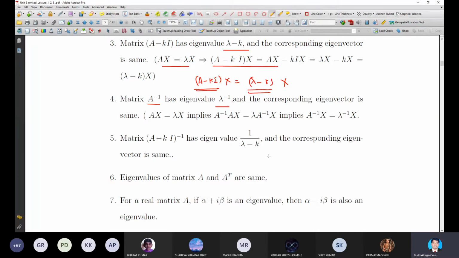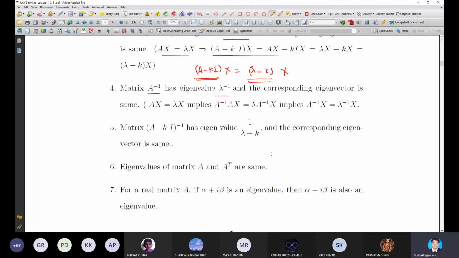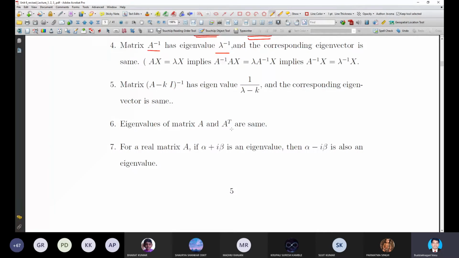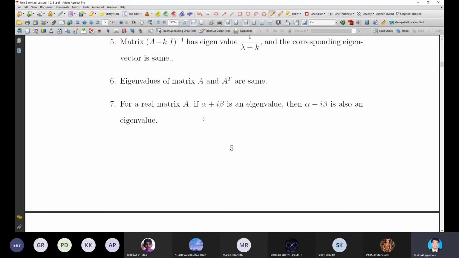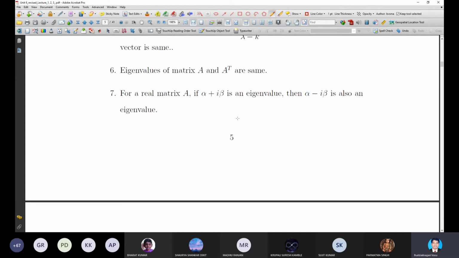For a real matrix A, if alpha plus i beta, a complex number, is an eigenvalue, then its conjugate is also an eigenvalue, because if alpha plus i beta is a root of the characteristic equation, obviously its conjugate is also a root. So if alpha plus i beta is an eigenvalue, then alpha minus i beta is also an eigenvalue.